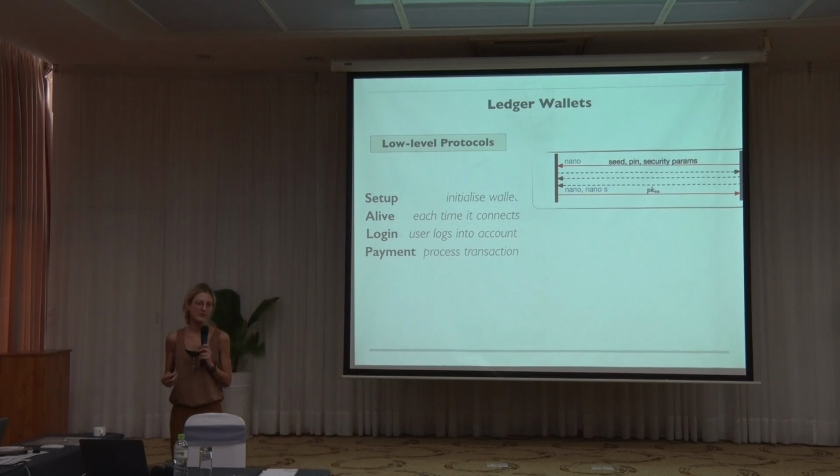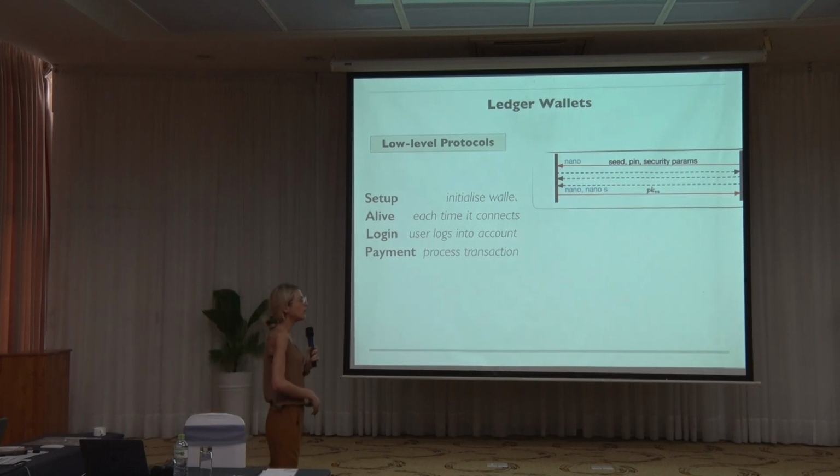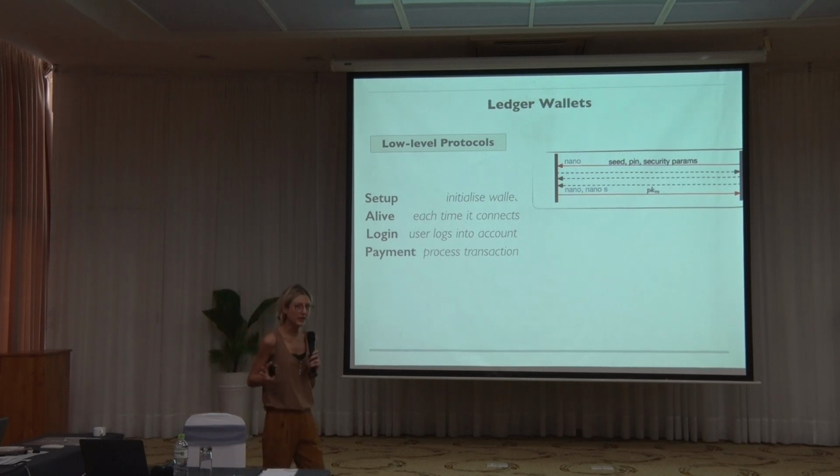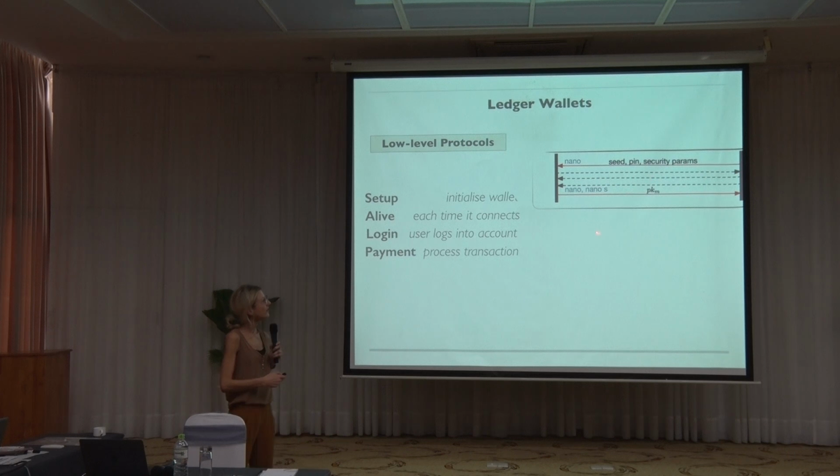So the security parameters define how the wallet operates, whether the wallet needs a second factor authentication, whether it needs PIN, etc. In the case of Nano S, the master seed was generated on board, which is good news for the users, bad news for me. But in both cases, the master public key here was sent to the API. So, okay, what's wrong with that?